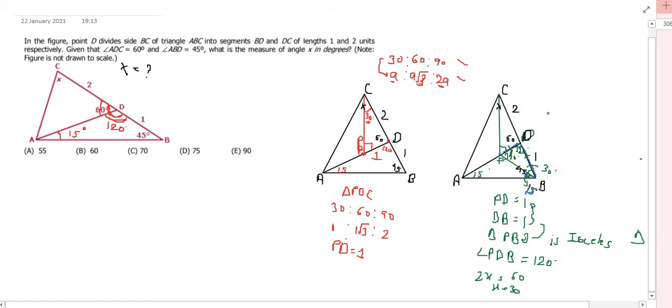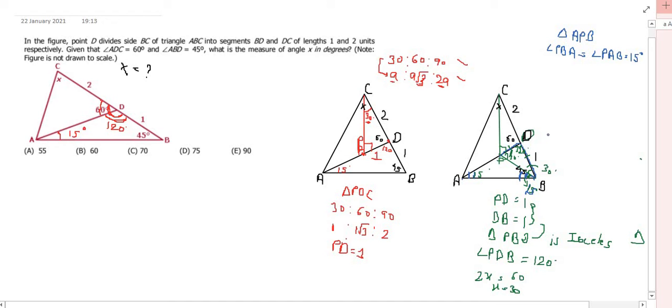Now if you look at triangle APB, in triangle APB, you see this angle PBA is equal to 15 degrees, and this angle PAB is also 15 degrees, both of them are 15 degrees.